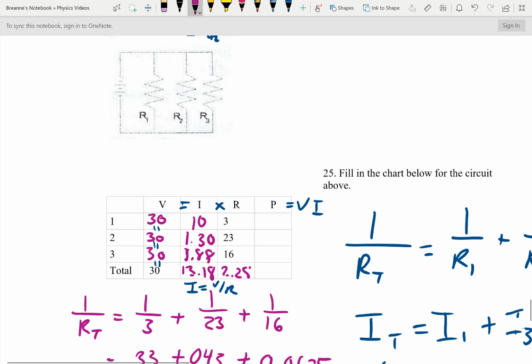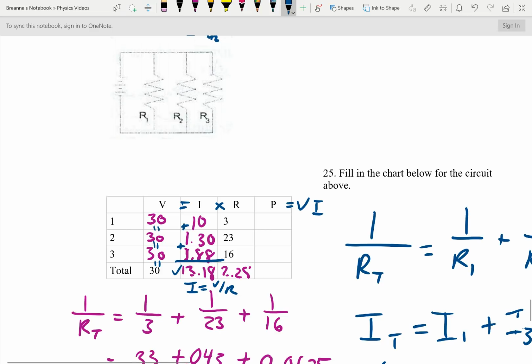Now you can check it, because these should add up to get you 13. So we do 10 plus 1.3 plus 1.88, and that got me about 13.19. So we did that one correct.